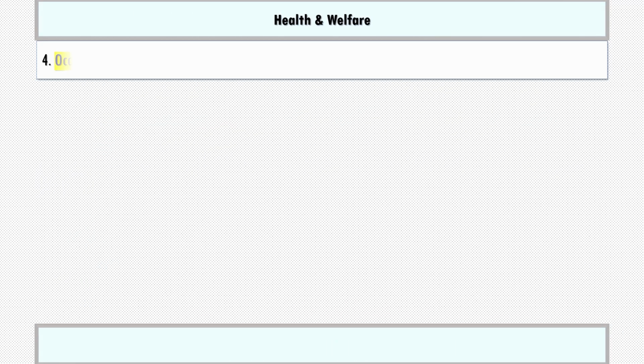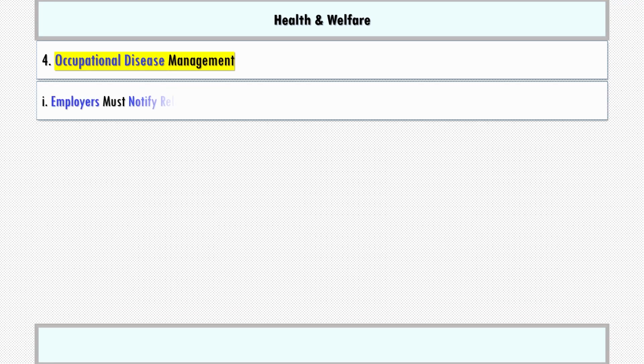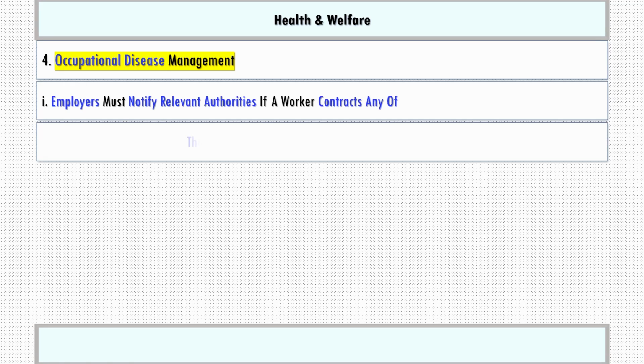Occupational disease management, the fourth set of health and welfare measures. Employers must notify relevant authorities if a worker contracts any of the 29 specified occupational diseases listed in the third schedule of the code.